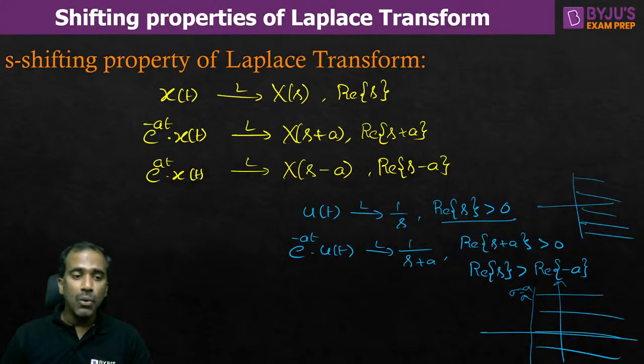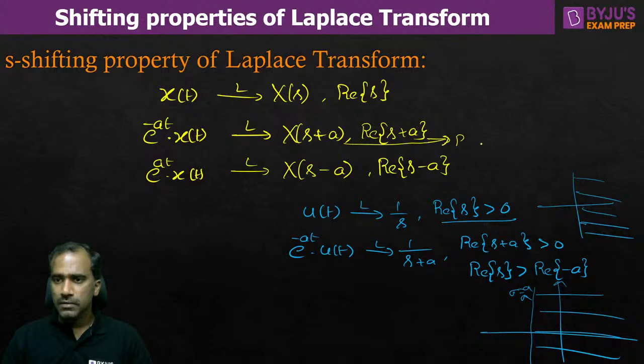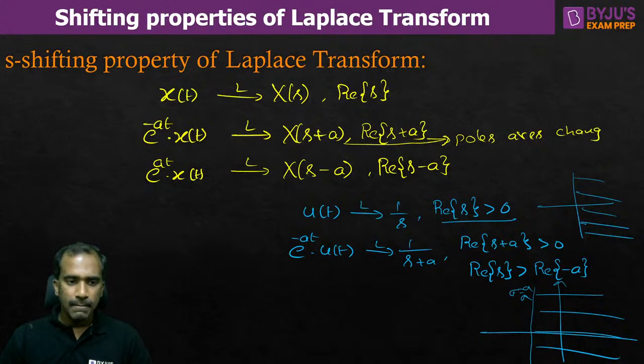Why? Because the poles are changing. When you apply the S shifting property, the poles are changing by plus A. Earlier, let me take an example.